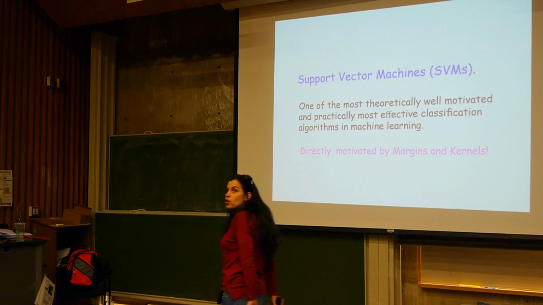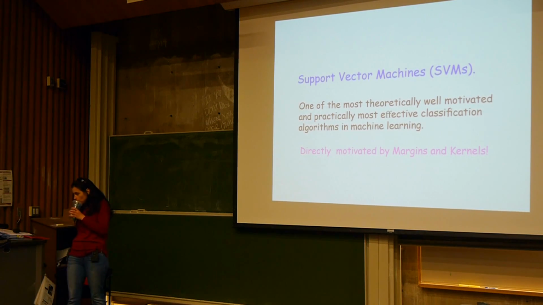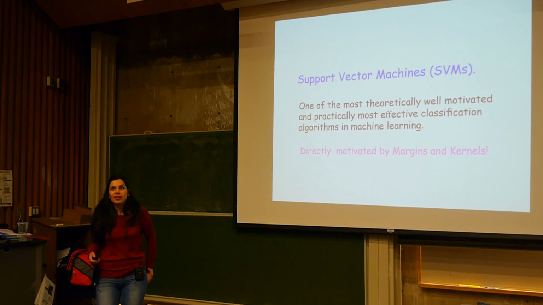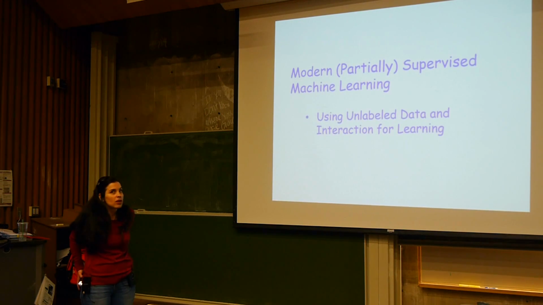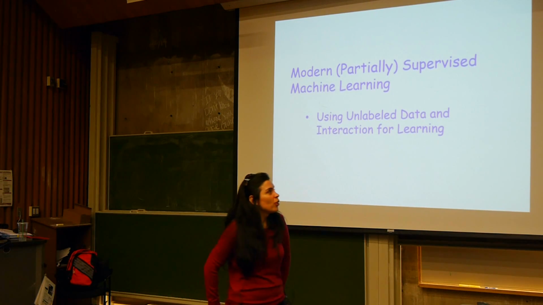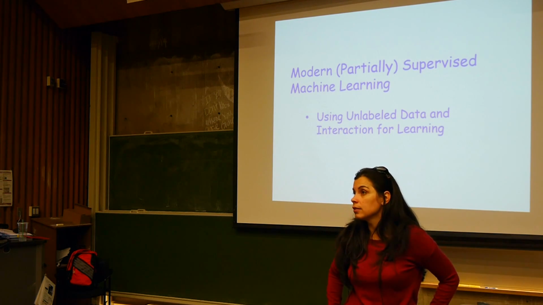Okay, so if there are no more questions, I'm going to go to the next topic, which is equally interesting. So far, throughout the course, we've been talking about learning mostly from fully supervised data.